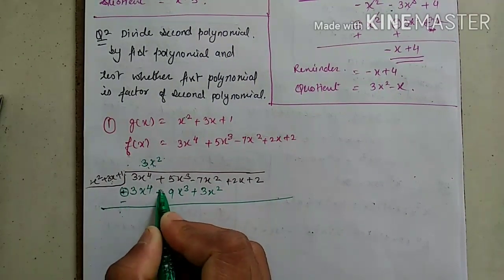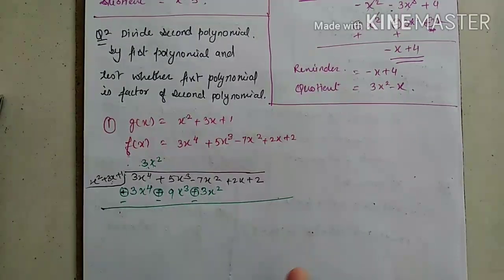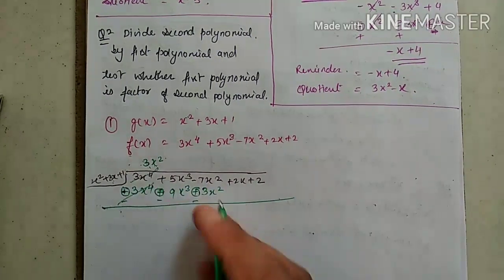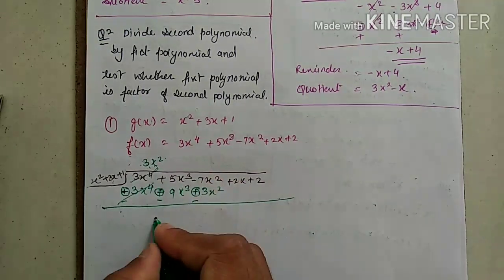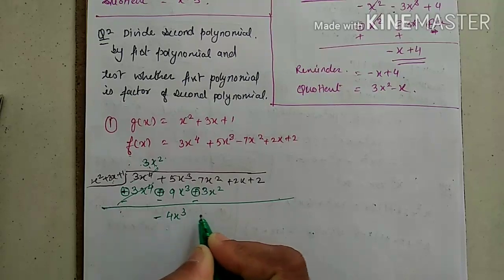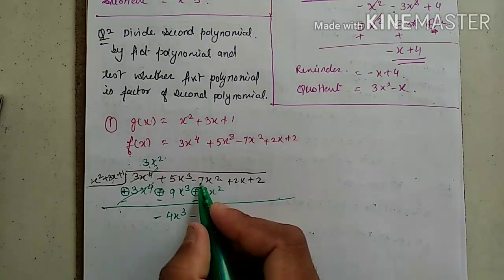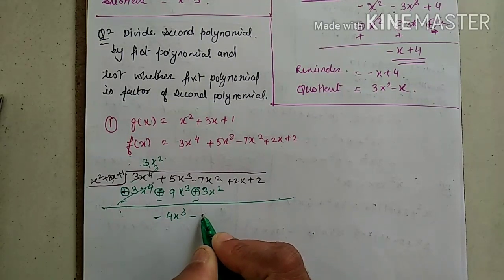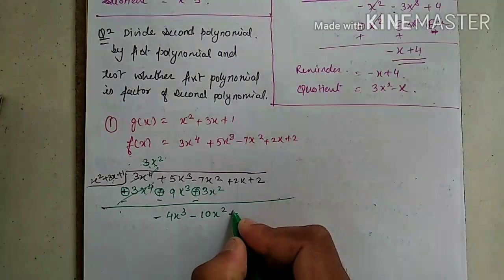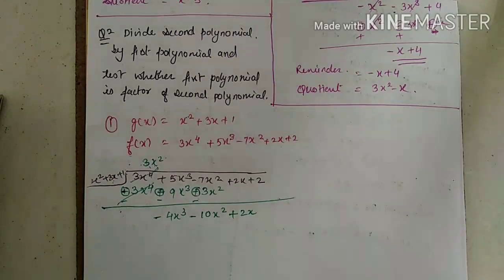Sign change: positive becomes negative, positive becomes negative, positive becomes negative. 3x power 4 and 3x power 4 cancel. Here, 5 minus 9 is minus 4x cube. Negative, negative, positive: 7 plus 3, 10x square, plus 2x.